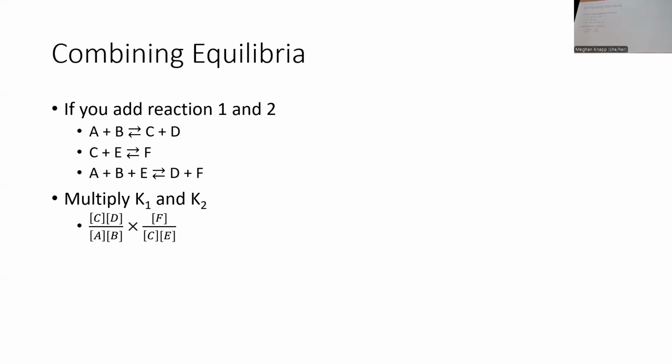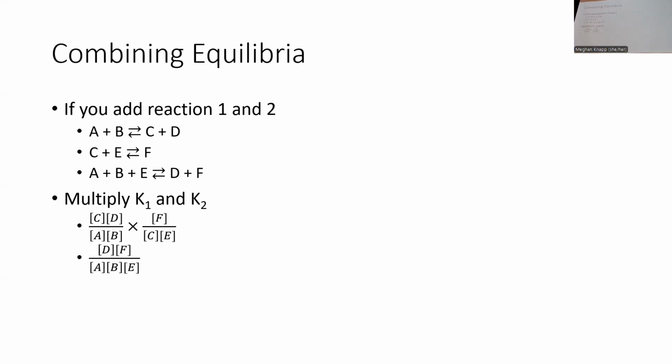And notice how those C's, the intermediates, one is on top, one is on bottom. So since this is on top and this is on bottom, those will cancel. And then I'll just end up with the products of the overall reaction and the reactants of the overall reaction.